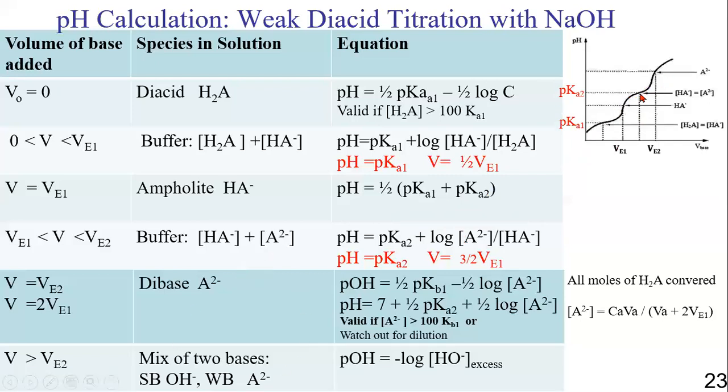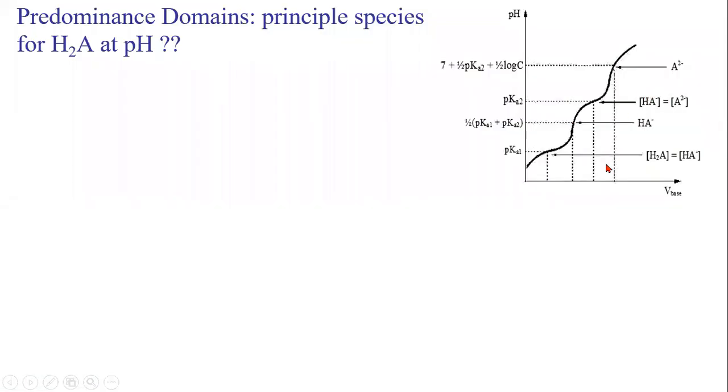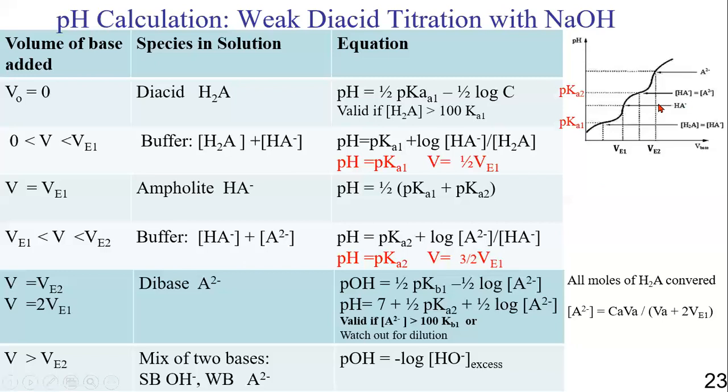Now, once I got to this area, I'm at pKa2, and I have both HA minus and A2 minus equal to each other. As I add more OH minus, more HA minus gets converted to A2 minus, and I have more A2 minus and less HA minus in my solution, until all of the HA minus has run out and everything has gotten converted to A2 minus.